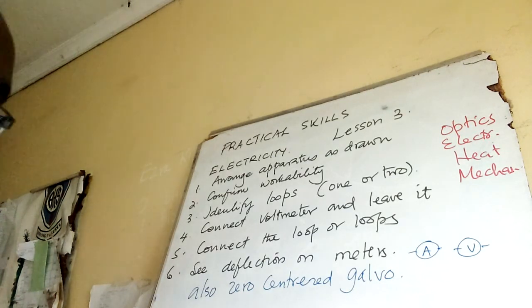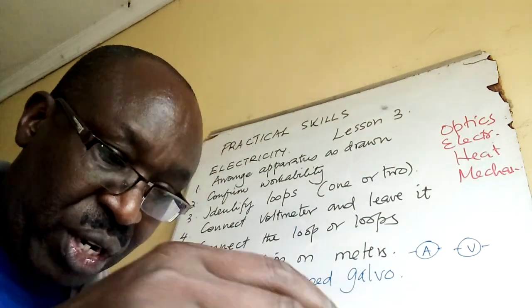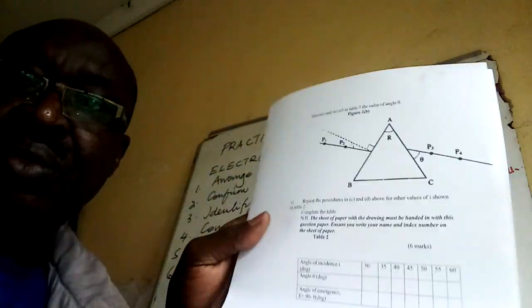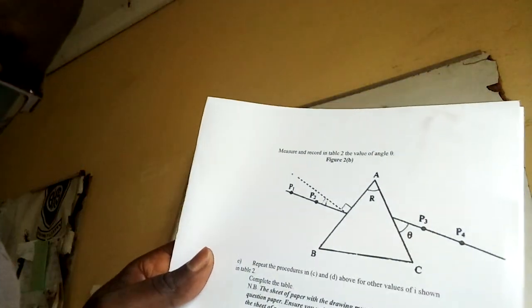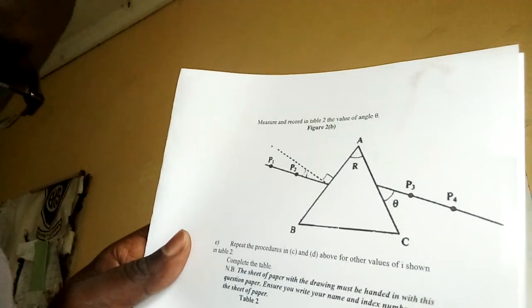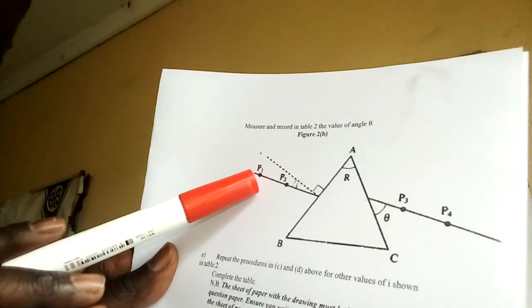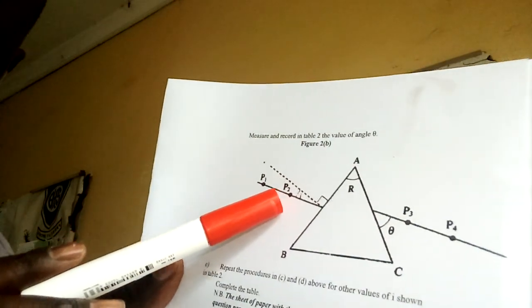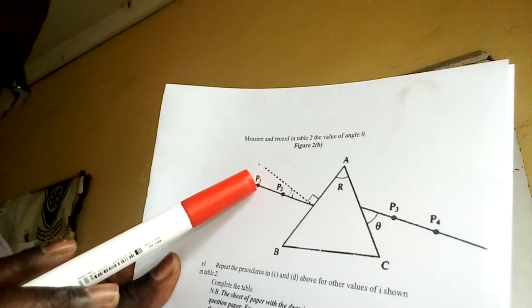Look at a question like this. This question tells you there is P1, there is P2. Those are the points, pins you will make.